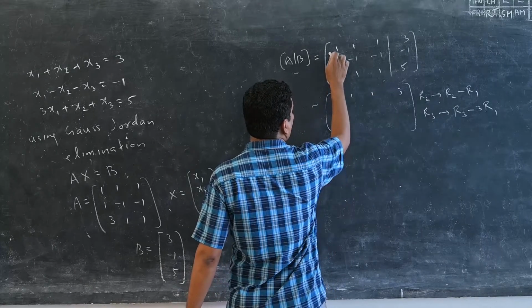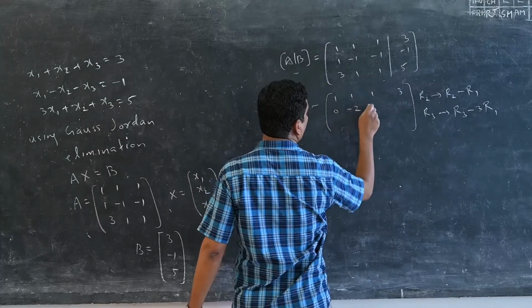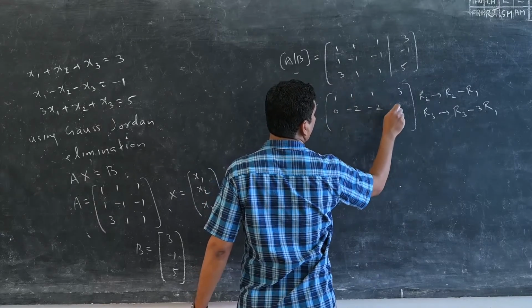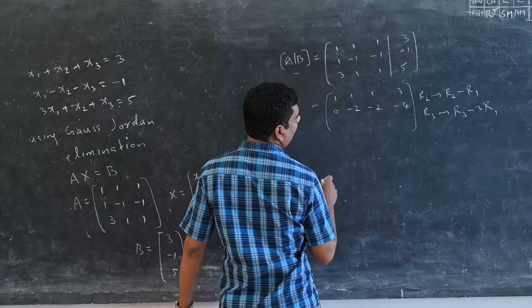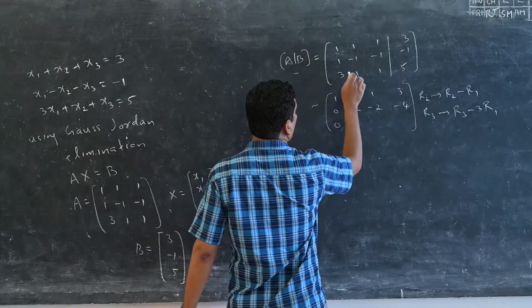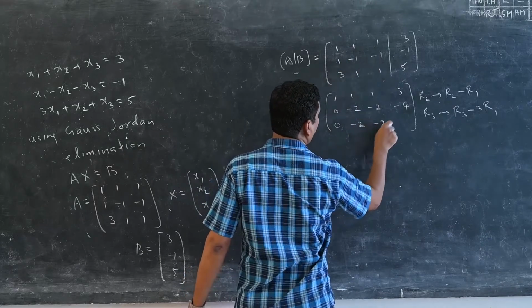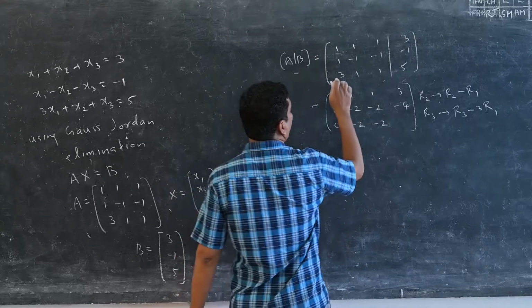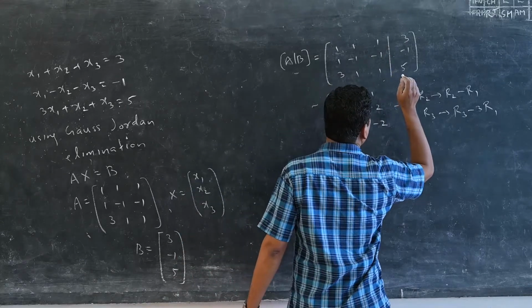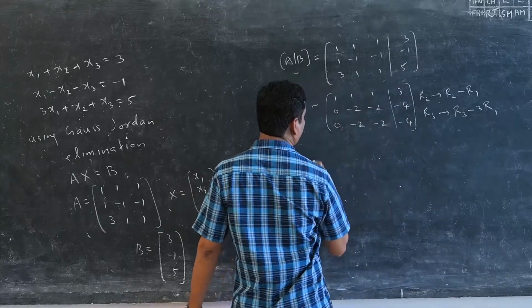R2 minus R1: 1 minus 1 is 0, minus 1 minus 1 is minus 2, minus 1 minus 1 is minus 2, minus 1 minus 3 is minus 4. R3 minus 3R1: 3 minus 3 into 1 is 0, 1 minus 3 into 1 is minus 2, 1 minus 3 into 1 is minus 2, 5 minus 3 into 3, 5 minus 9, is minus 4.